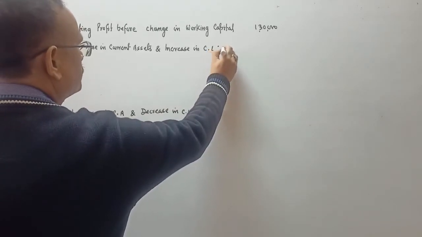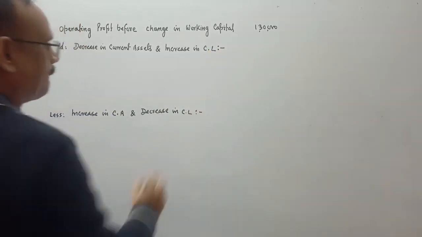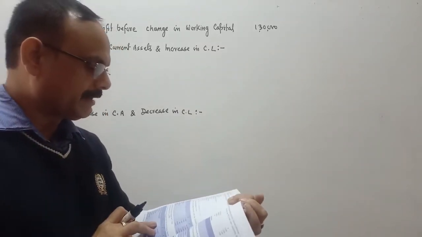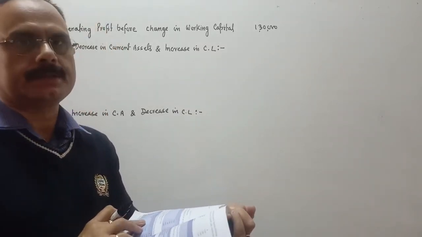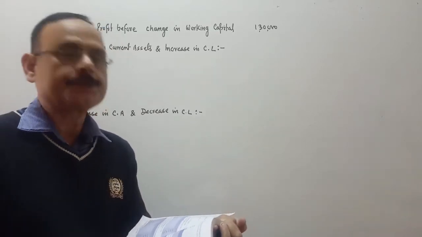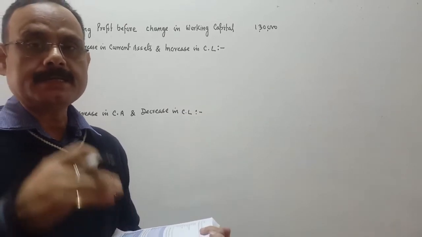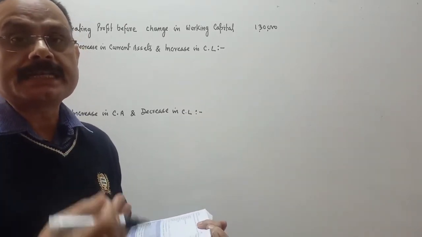Now we will see. Here, first one is debtors. In 2017, debtor is 50,000 and in 2018 it is 40,000. It means it is reduced by 10,000. So debtor is a current asset. Debtor is decreased.